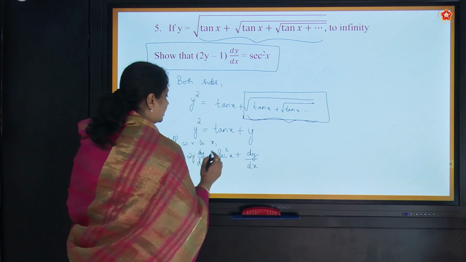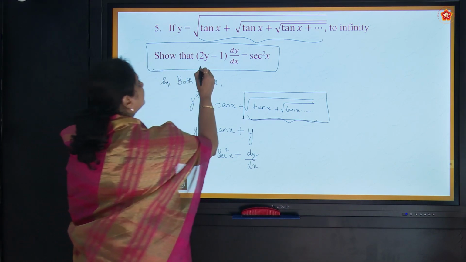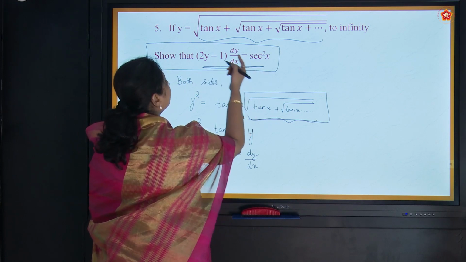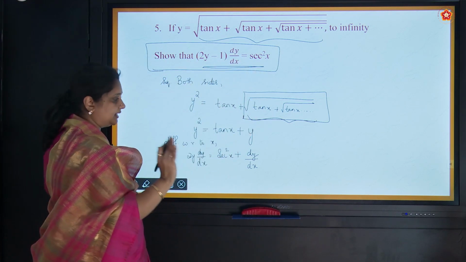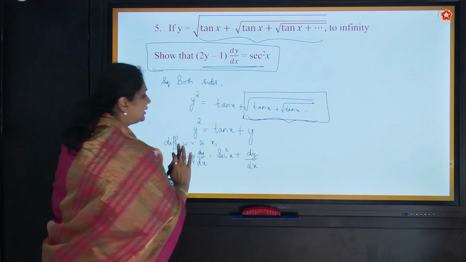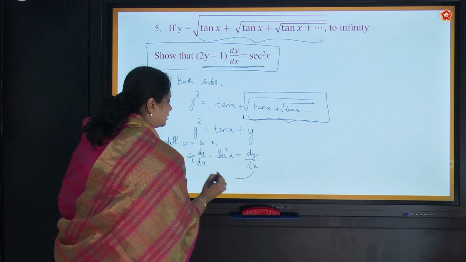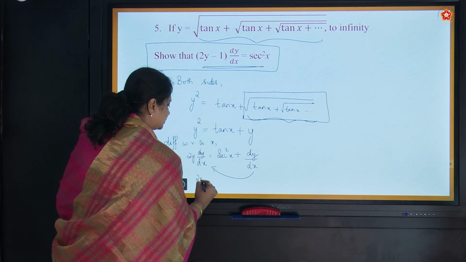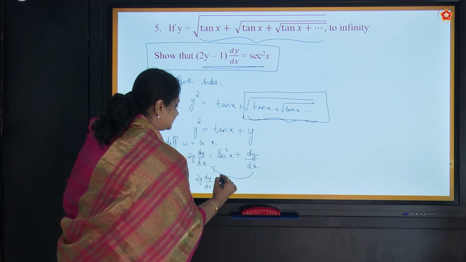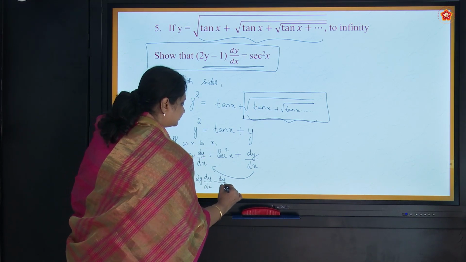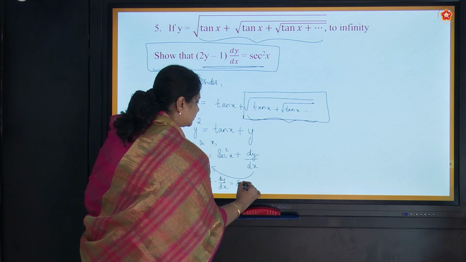Okay. Now I'm supposed to prove this. On my left hand side, I have all the dy by dx terms, right? I've differentiated. Now I just need to rewrite it. I'll bring all dy by dx to one side. So I have 2y dy by dx minus dy by dx is equal to secant square x.